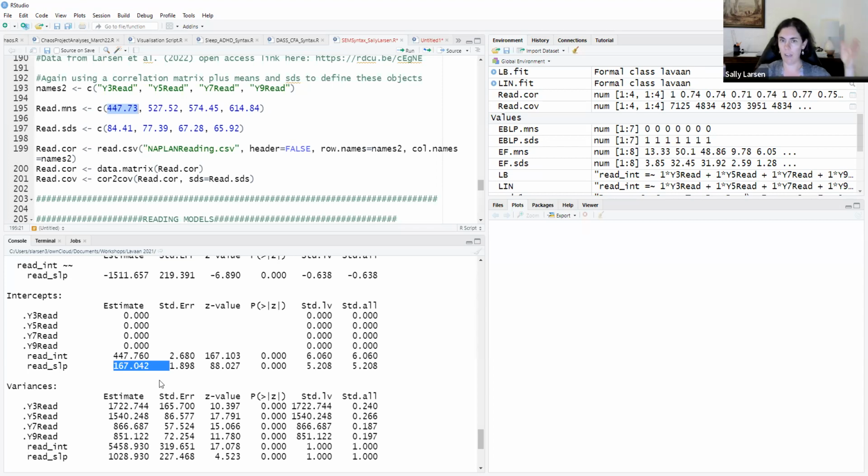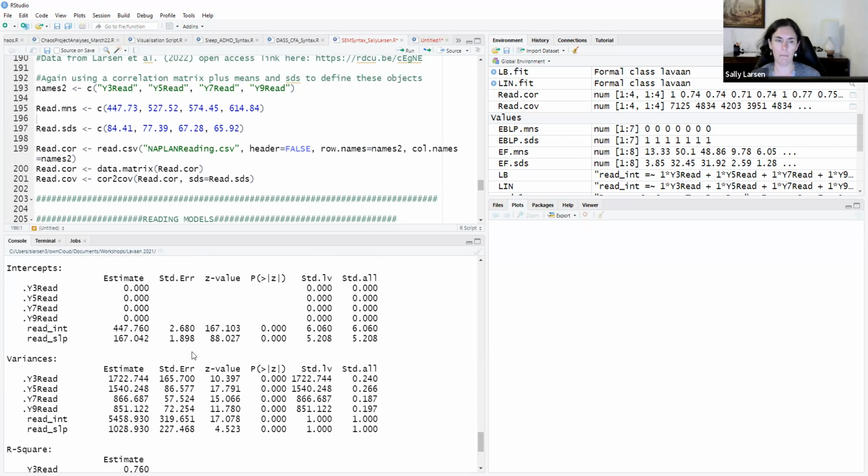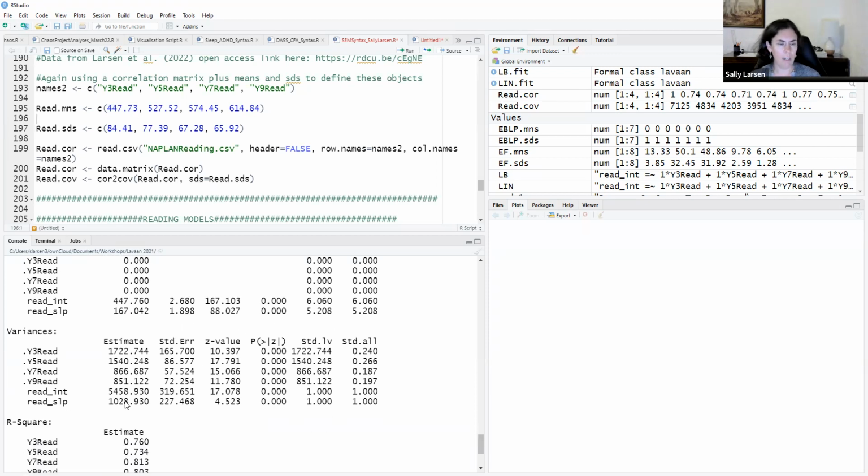It's one of the reasons I like doing this 0 at grade 3 and 1 at grade 9, because it will give you these parameters and then they can be mapped on to something that seems really logical. So that's the average rate of change over time for kids in this particular sample. Now, I guess it's interesting, but it's not really giving us more information than what you can get by just looking at means. What I like to look at also then are down here in variances.